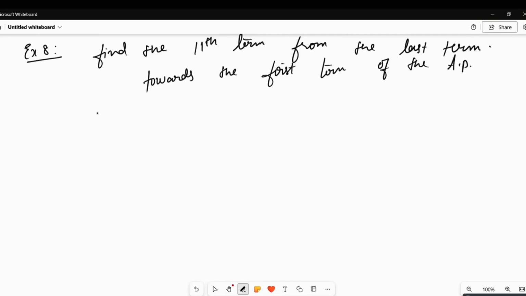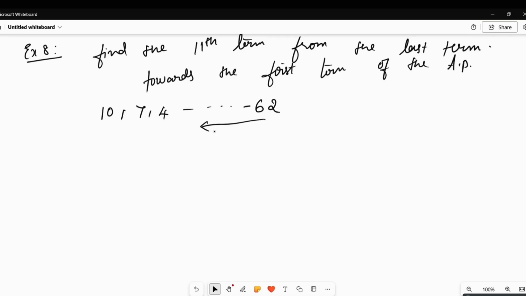Okay. So what is AP given? 10, 7, 4, and it goes until the last term is minus 62. Now here 11th term you have to calculate from the last term.